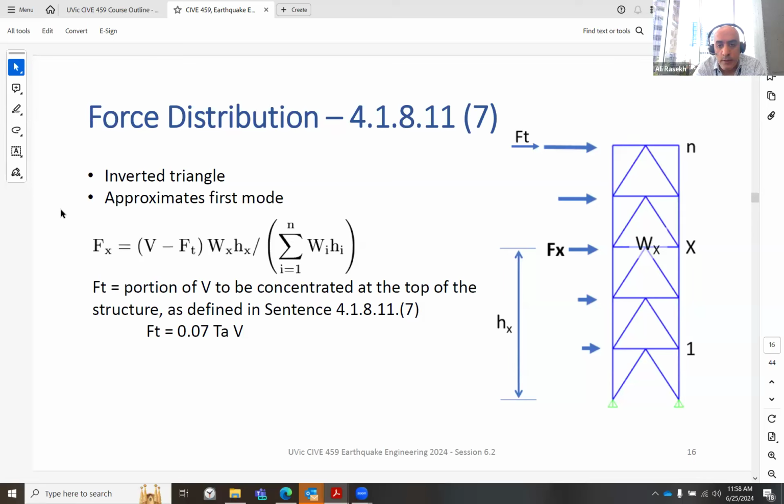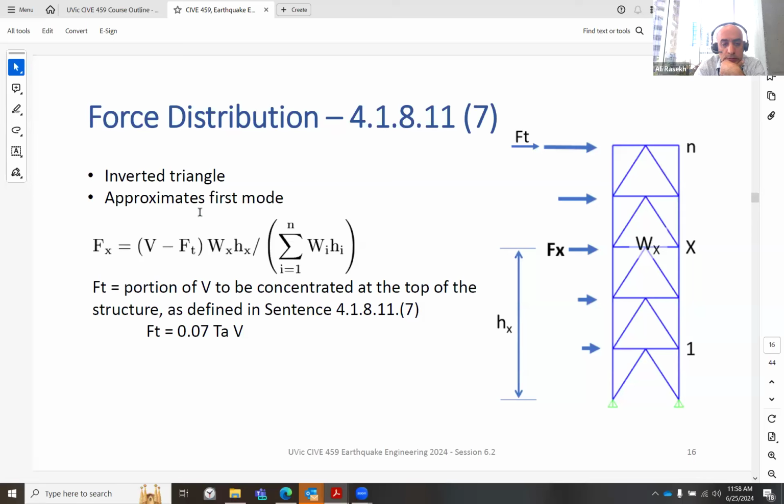Basically what the code tells us is that we calculate some weight functions, W's, and we take advantage of the height of each location to distribute the load basically at different elevations.